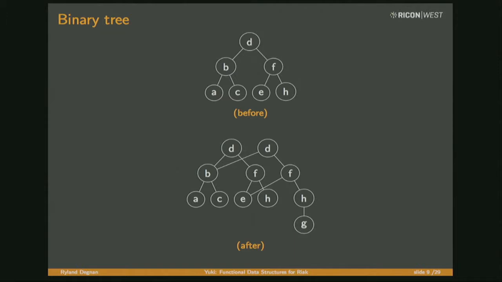And in the same way that I would copy the nodes on the path of the linked list, I copy the nodes on the path to the new element G that I've added, and have them share the unchanged elements with the original tree. So the amount of overhead in terms of extra data can be managed with the right data structure.